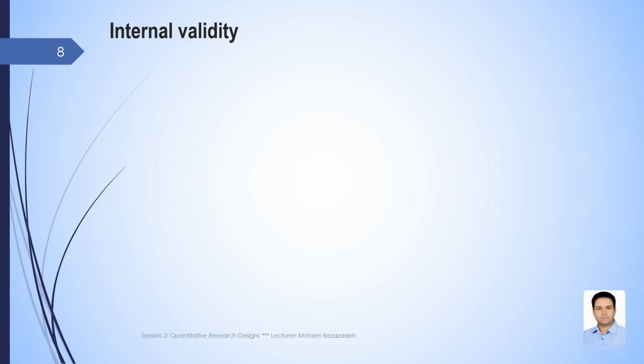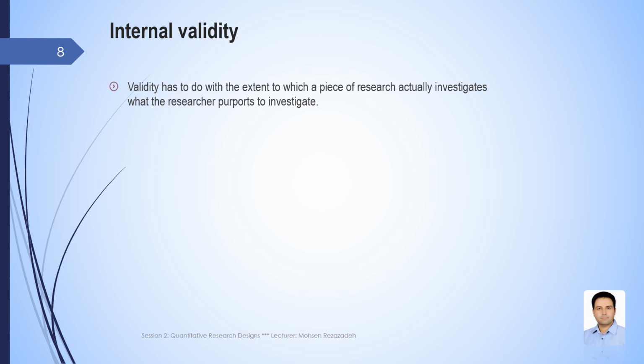Having talked about different types of experimental design, we need to address a basic issue in research, which is the quality criteria. By quality of research here, we refer to the validity of the research project. Validity has to do with the extent to which a piece of research actually investigates what the research purports to investigate.